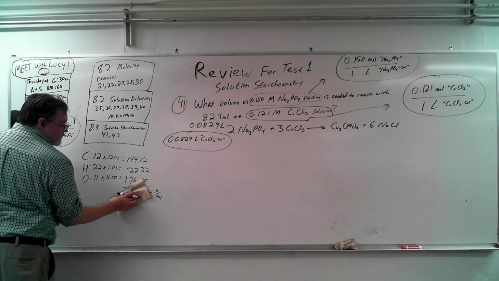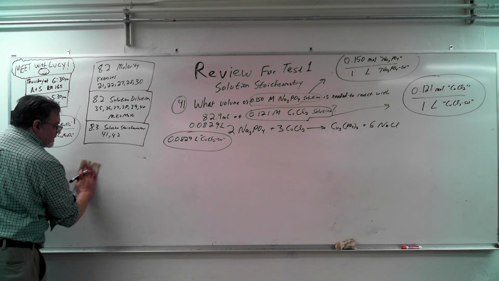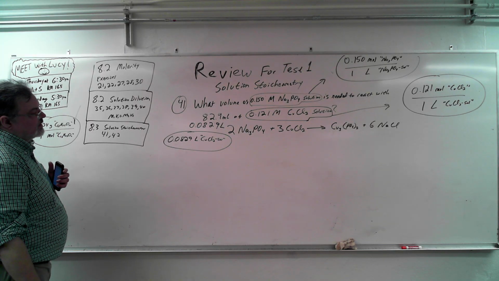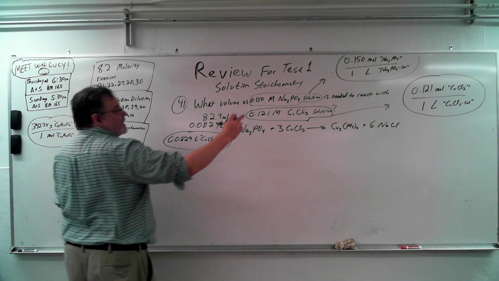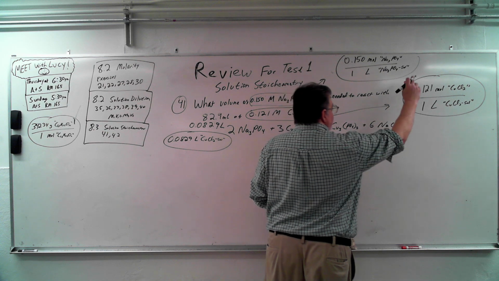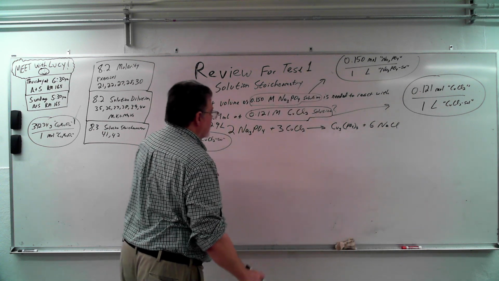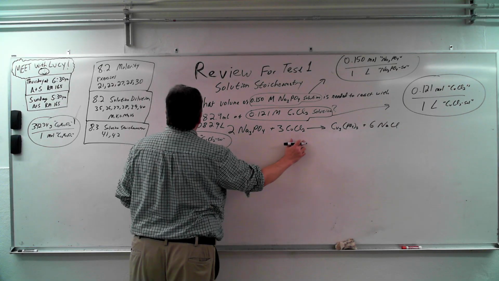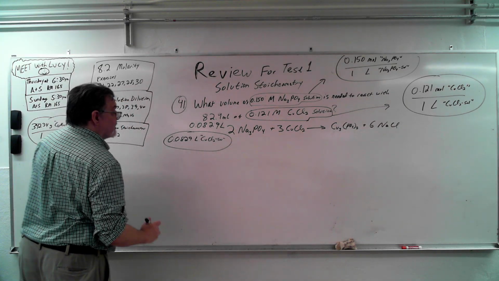We don't need any grams per mole. Okay. This has a numerator and denominator. This has a numerator and denominator. We're also going to need this, the 2 moles of this to 3 moles of this. Write that over here.